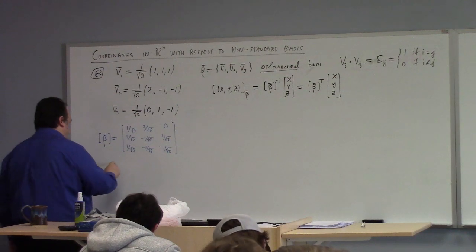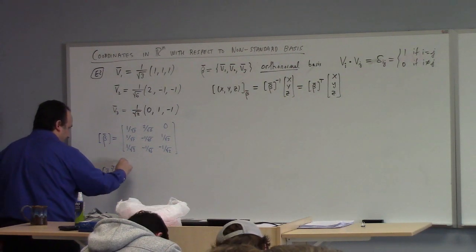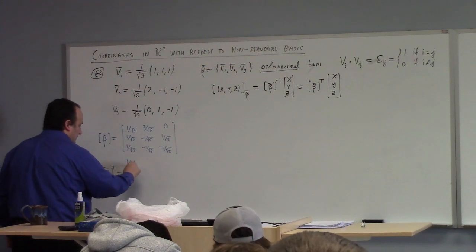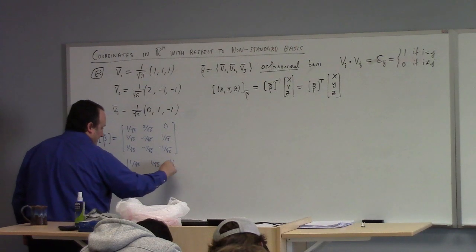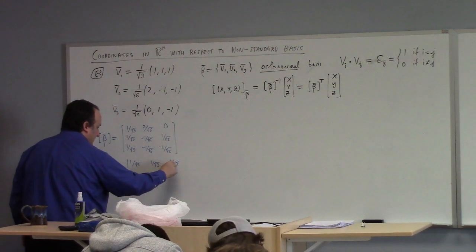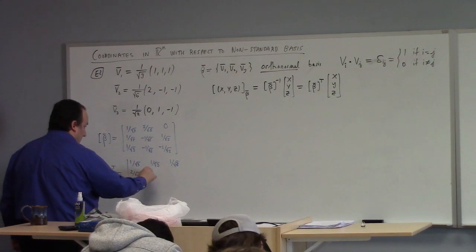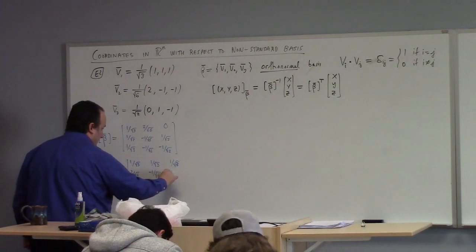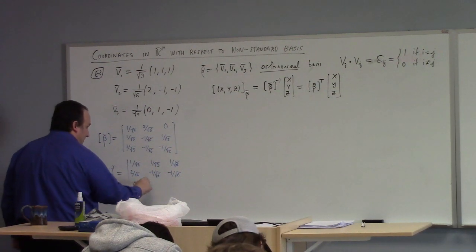What's the transpose of that? We just make the first column the first row, the second column the second row, and then the third column the third row.